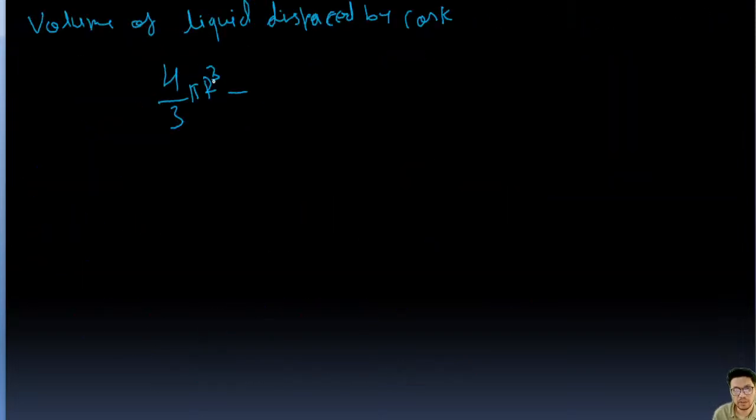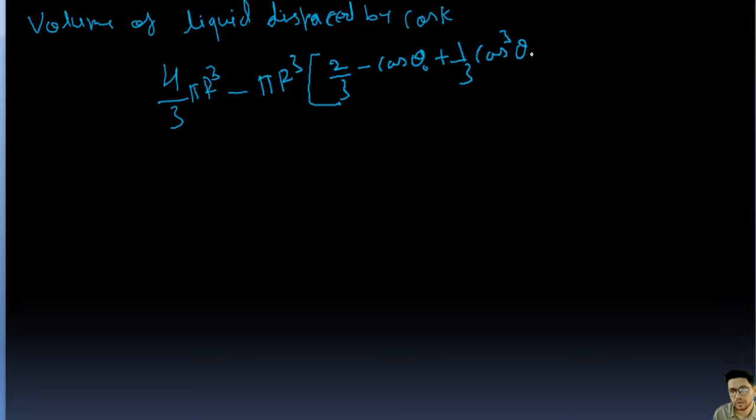So this would be 4 by 3 pi r cube minus pi r cube into 2 by 3 minus cos theta naught plus 1 by 3 cos cube theta naught. We'll simplify it.